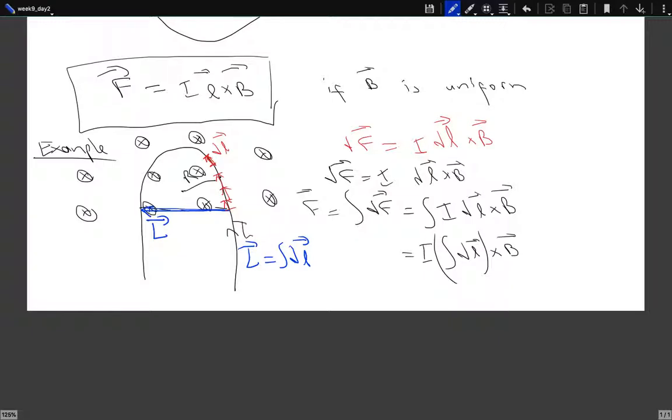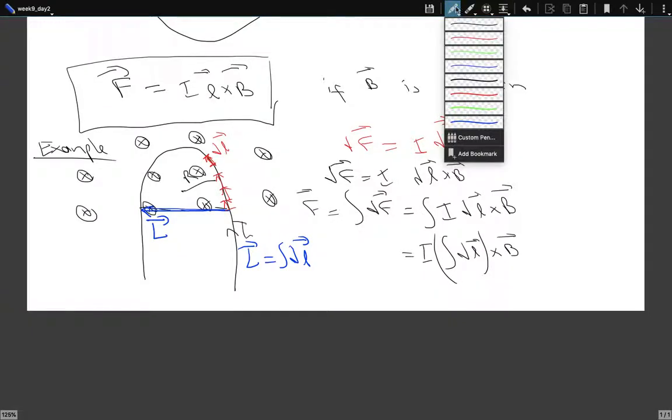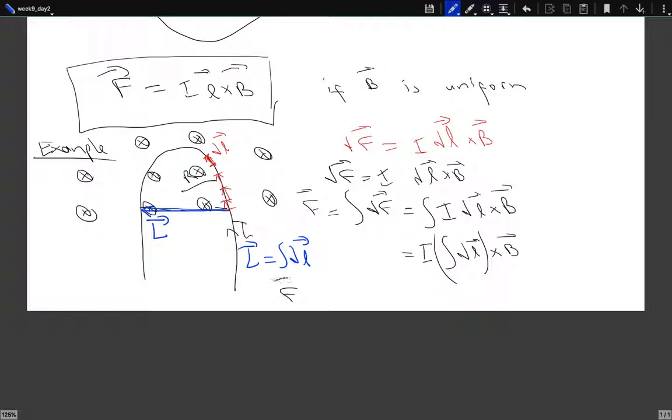So we are basically doing a vectorial sum, and the result is just a vector pointing from this one to the end point over here. So this F is I L cross B.